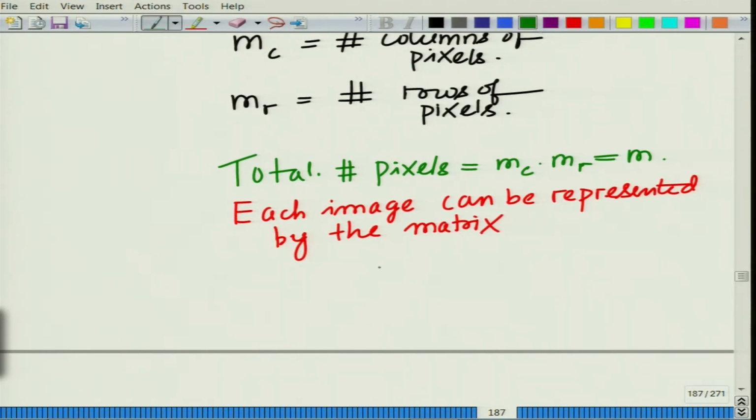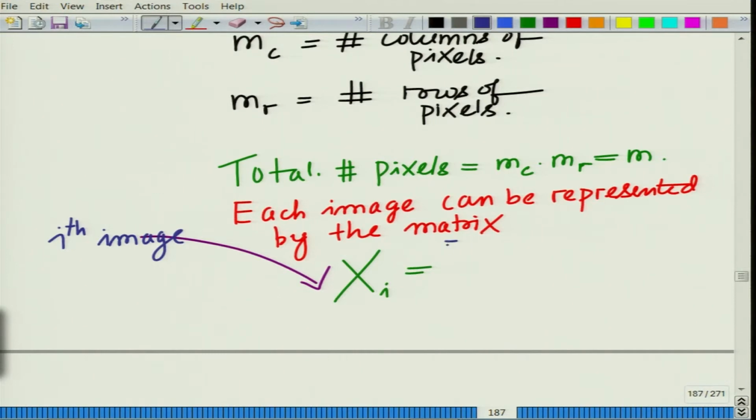The ith image can be represented by a matrix Xi, of size MR cross MC, where MR is the number of rows and MC is the number of columns.